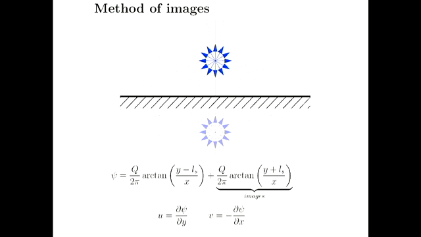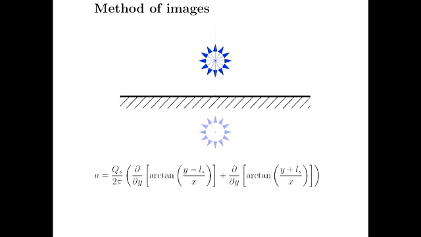It's a solid boundary. So we can see what makes this tick actually by just computing the horizontal and vertical components of velocity. So all I've got to do to calculate the u component is just differentiate that stream function, which is the source summed with the image, with respect to y, okay?